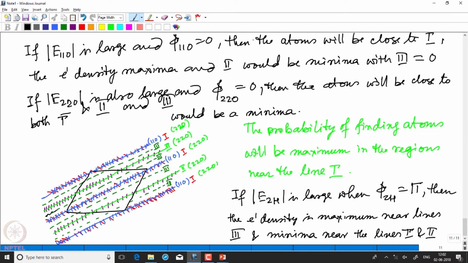So this represents a situation where there is no overlap regions.